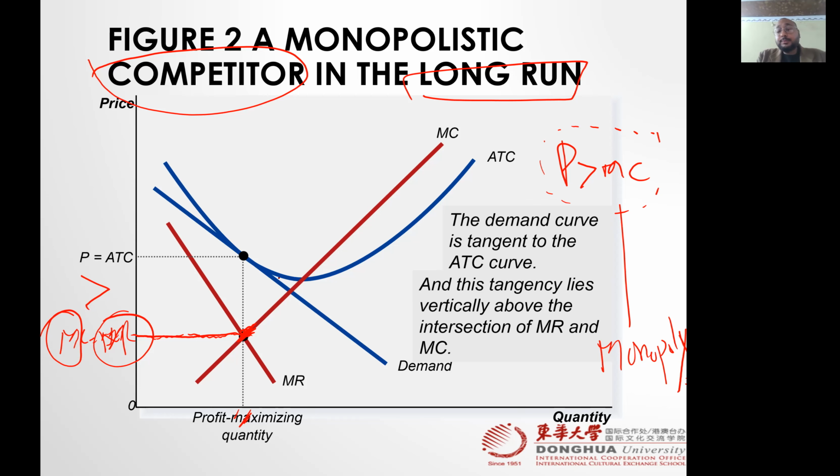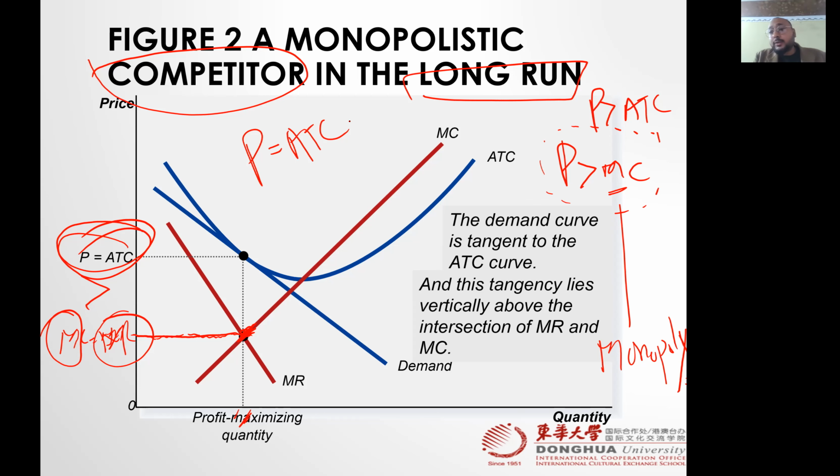But you see that here price is equal to average total cost, but in monopoly, price is greater than average total cost and also greater than MC. But here, price is equal to average total cost. So it means the long run scenario fulfills only one condition of perfect competition, that is price is equal to average total cost. It does not fulfill price equal to MC.